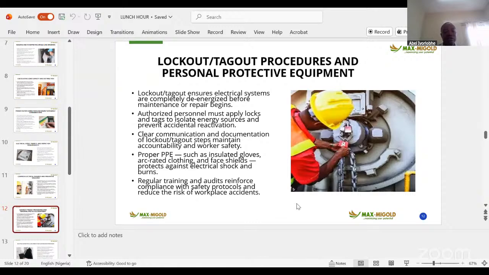Regular training and audit reinforce compliance with safety protocols and reduce the risk of workplace accidents. When you train your workers, when you expose yourself to training, you know how things are being done in the industry so that you don't work in an archaic way. When you do this, you are improving on your deliverables and the safety and the equipment as well.